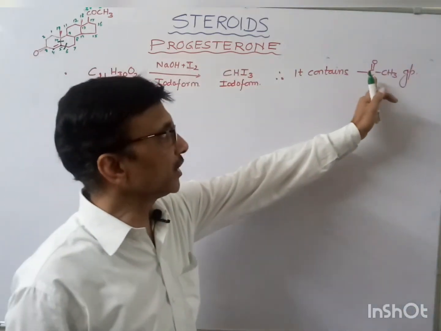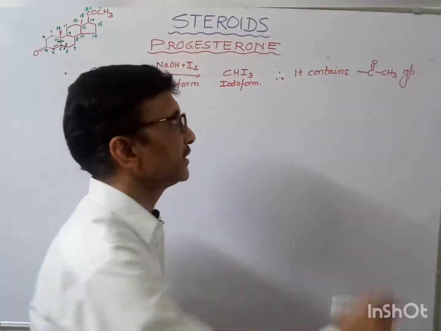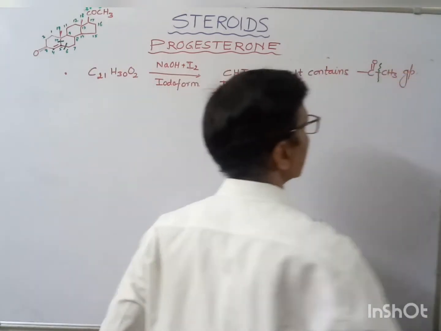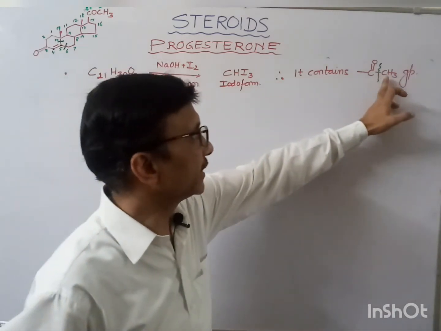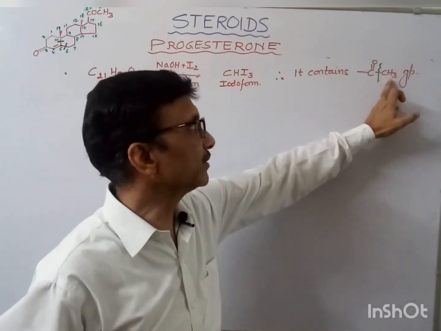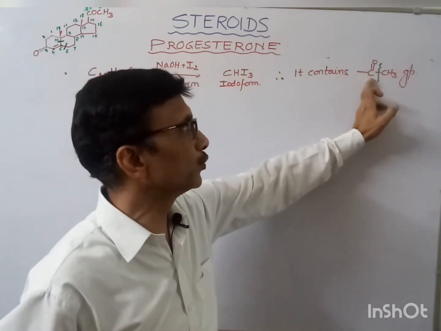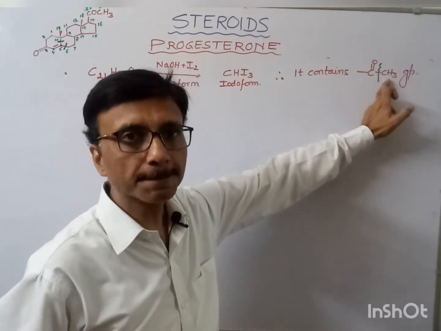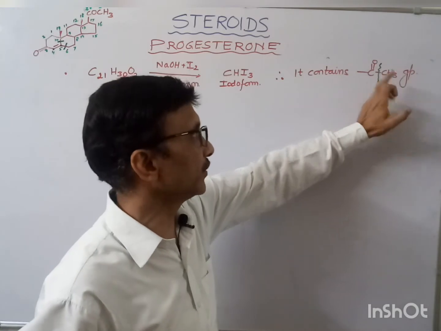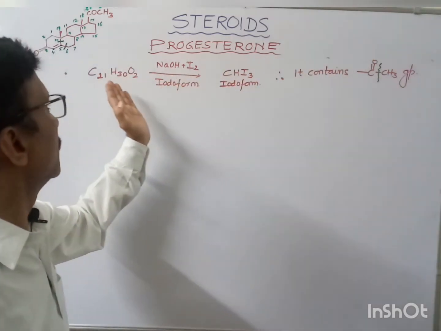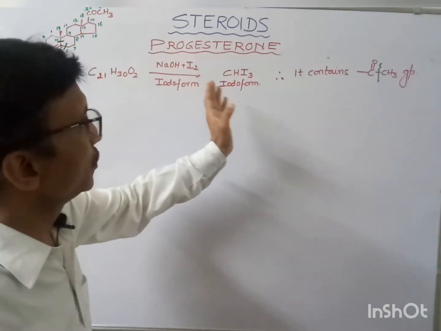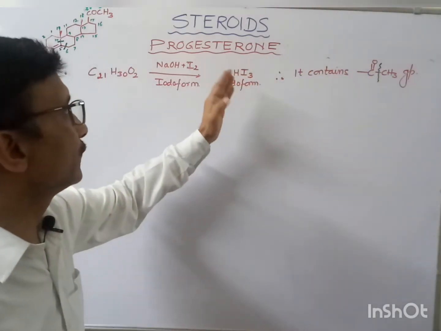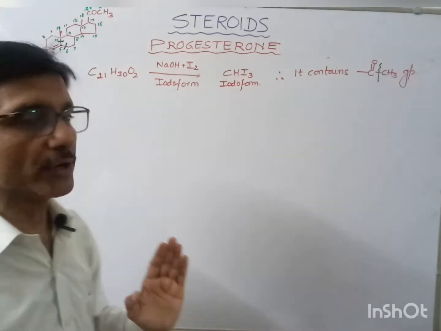Means if we do the iodoform reaction for this, then this CH3 will break from here and be converted into CHI3, whereas this would be converted into the acid part. So this would be the acid part and this would be the iodoform part. If two COCH3 groups were present, we would have two molecules of iodoform formed.